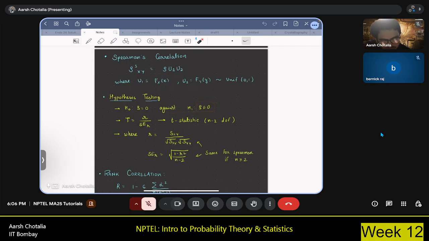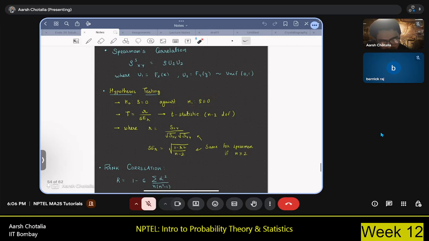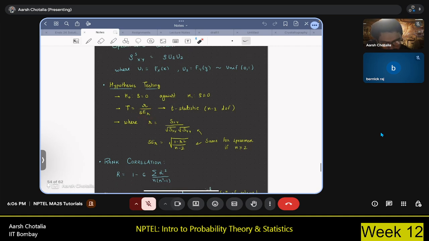And the statistic that would be used would be this R upon standard error in R, where R is this ratio. So the correlation calculated from the data, divided by the standard error, which is the square root of 1 minus R squared divided by the degrees of freedom, which is n minus 2.